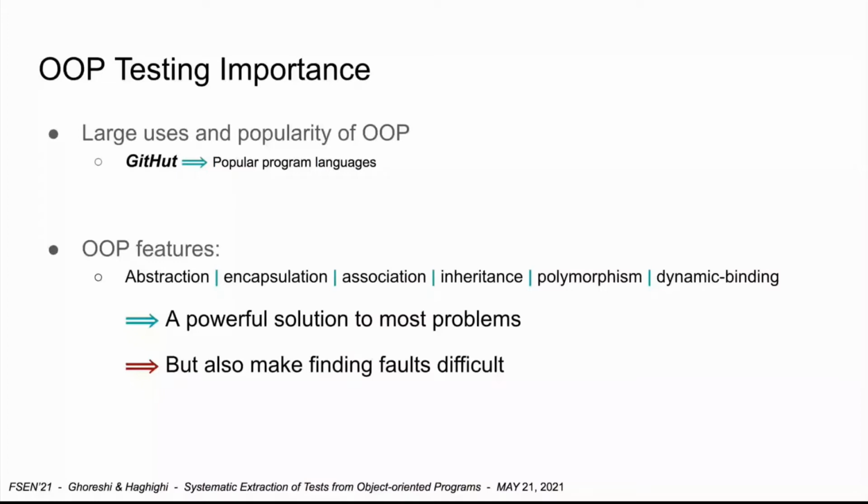Those automated techniques for object-oriented testing fall into two categories, specification-based or program-based. In specification-based approaches, test cases are extracted based on formal or semi-formal specifications.